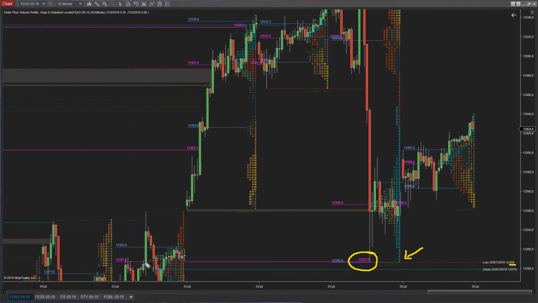So that to me is an indication that shorter time frame players were holding the market up. So for me, in the coming days, when I see renewed weakness in the market, this is definitely a target for me. So that's how I use the concept of a weak low in this case.